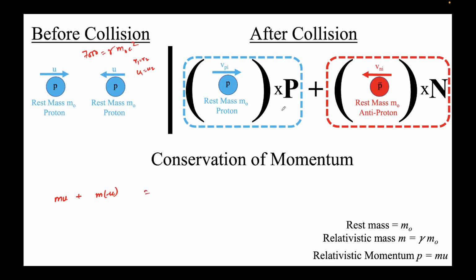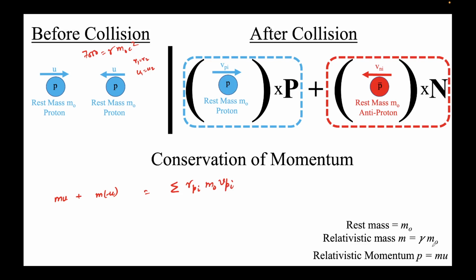This should be equal to the momentum of the produced particles. I'll write it like this: sigma i from 1 to capital P, gamma pi m naught vpi. Gamma pi is the gamma corresponding to each of these protons that is being produced. M naught is their rest mass and vpi is the velocity.